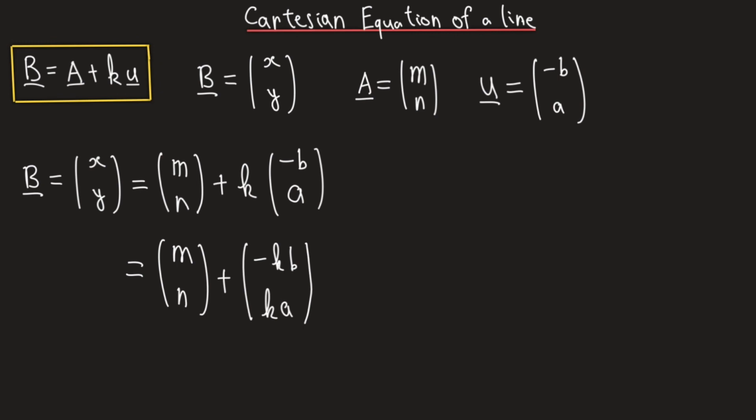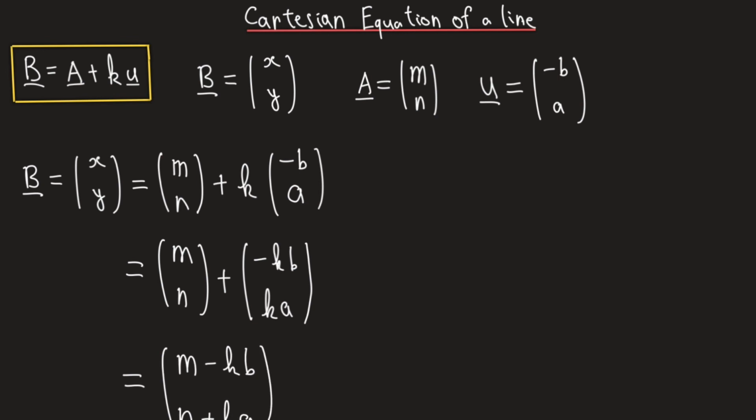And finally, we add the coordinates corresponding to the x-axis, so m and minus kb, and we also add the coordinates associated with the y-axis, so n and ka, to ultimately get m minus kb, n plus ka.